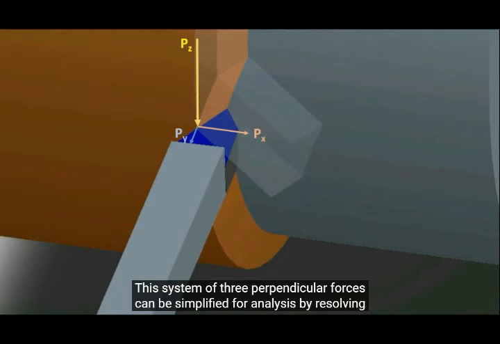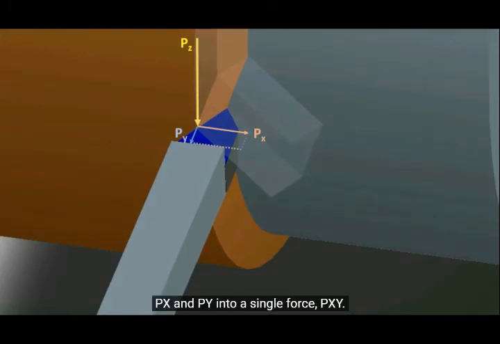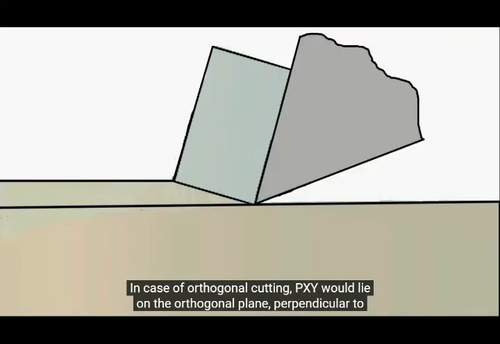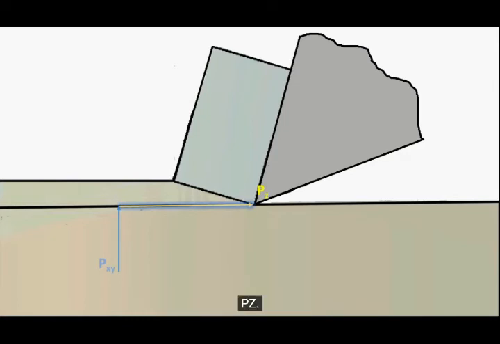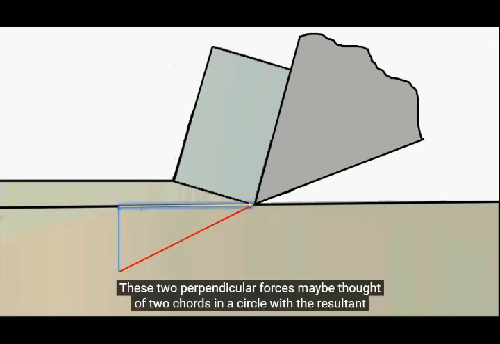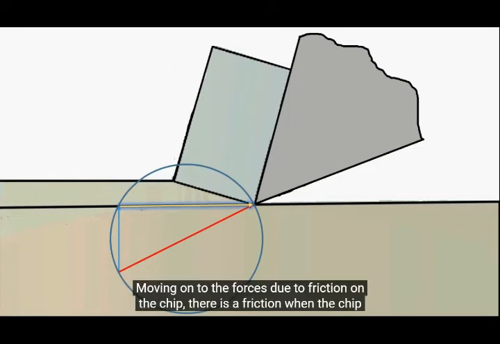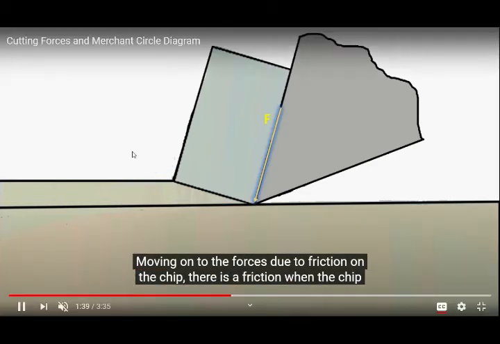This system of three perpendicular forces can be simplified for analysis by resolving Px and Py into a single force Pxy. In the orthogonal system, Pxy lies on the plane. The two perpendicular forces can be shown in a force diagram, which is the circle diagram.